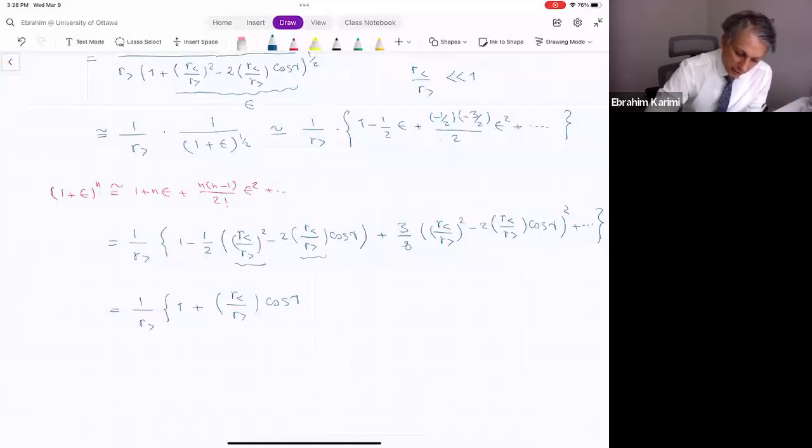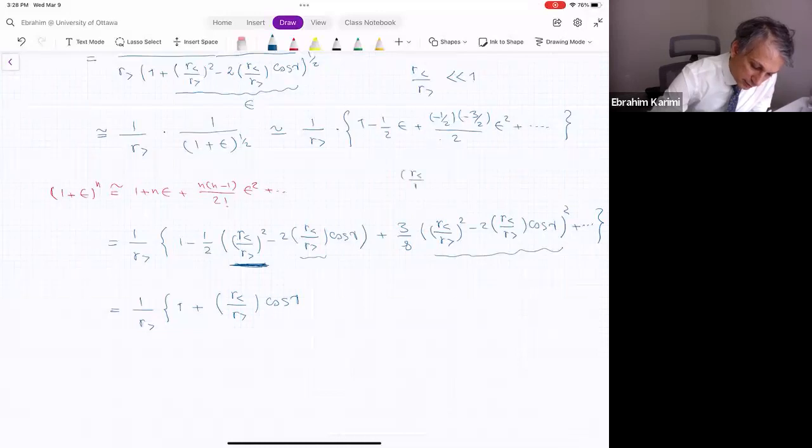Okay. So that one is a power of 2. And look at the expansion. If you look at the expansions, the expansion will be R small divided by R large to the power of 4. Then I have the second term, which is minus 4 R small R larger to the power of 3 cosine of gamma.